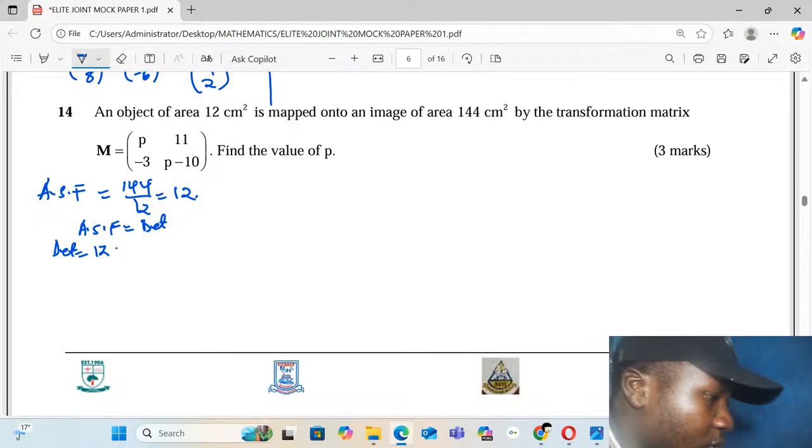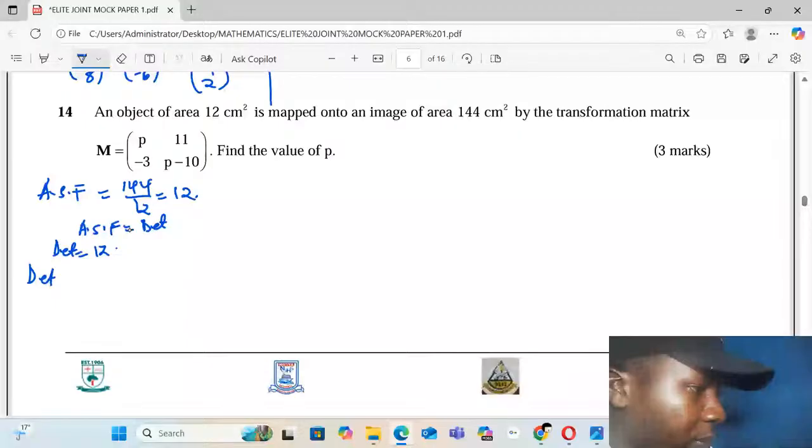Now having this matrix, we know how to find the determinant. So for this matrix, we take P times P minus 10, minus this times this.